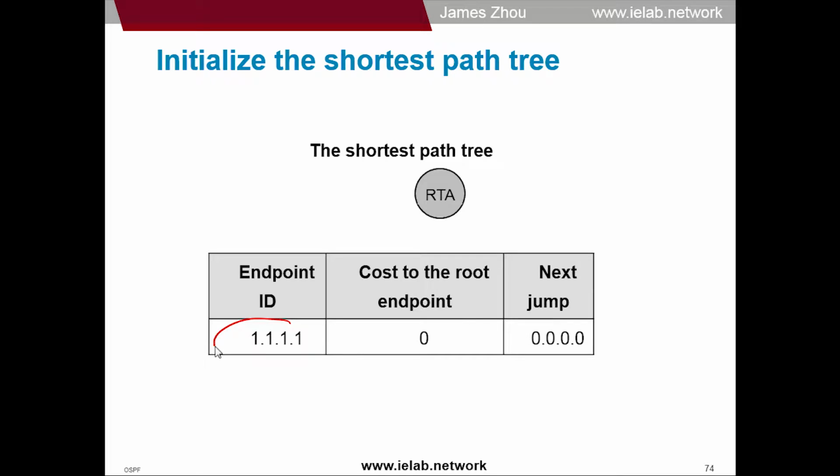The first is the destination node, now A to A. The second is the cost to the root endpoint. The third is the next hop. So the first one is A, 0, now.